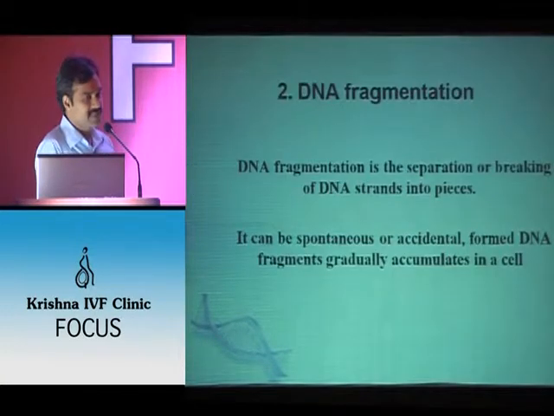The next, what is DNA fragmentation? So DNA fragmentation is the separation or breaking of DNA strands into pieces, and it can be spontaneous or accidental. The formed DNA fragments gradually accumulate in the cell.